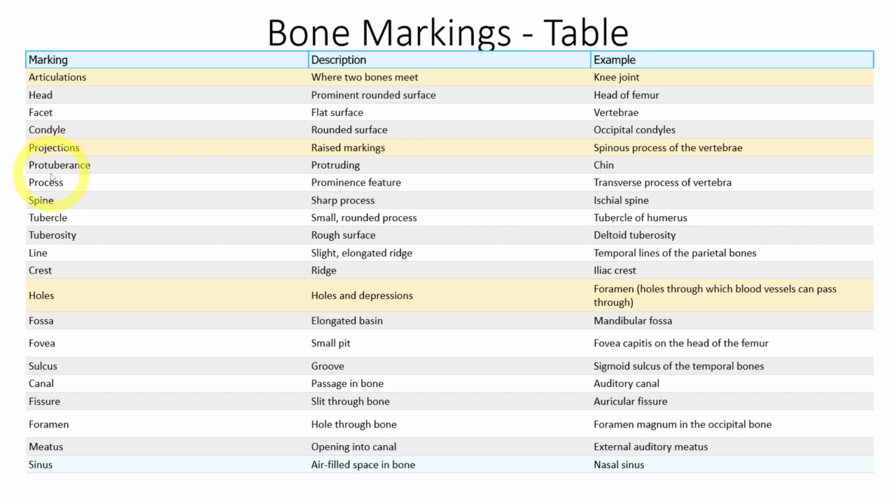They're so close, it's hard to think of specific examples. You might even want to use these interchangeably. Spines, not to be confused with the spine of the body. That's the vertebral column. A spine on a bone is any sharp process. So it's something that sticks out, but it's sharp and thin, like the ischial spine of the pelvis.